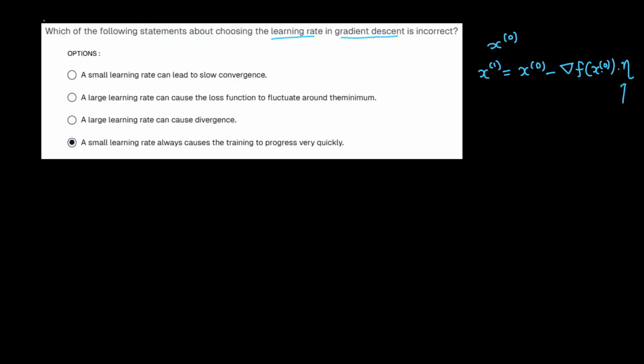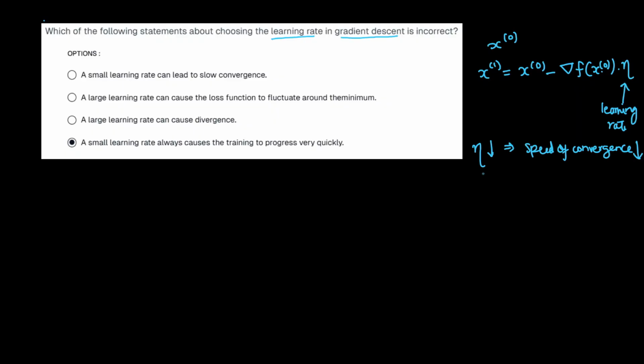Now this eta is called the learning rate. Now definitely when eta is small, so as eta decreases, we can say that the speed of convergence also decreases, right? That's why it's called the learning rate, right? Because the rate at which the algorithm is learning, okay?